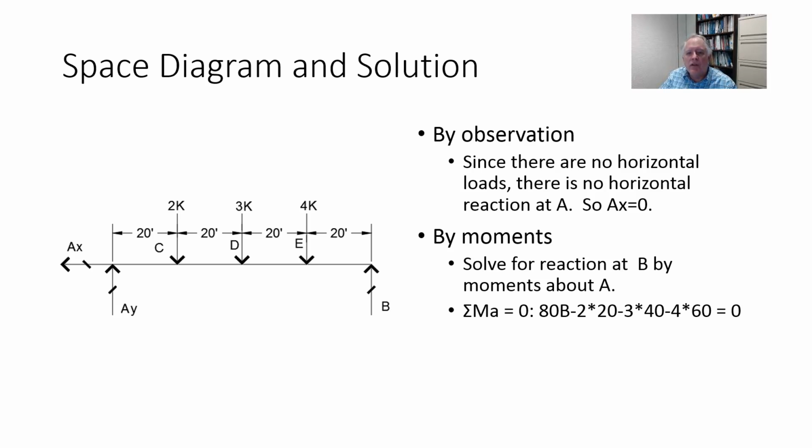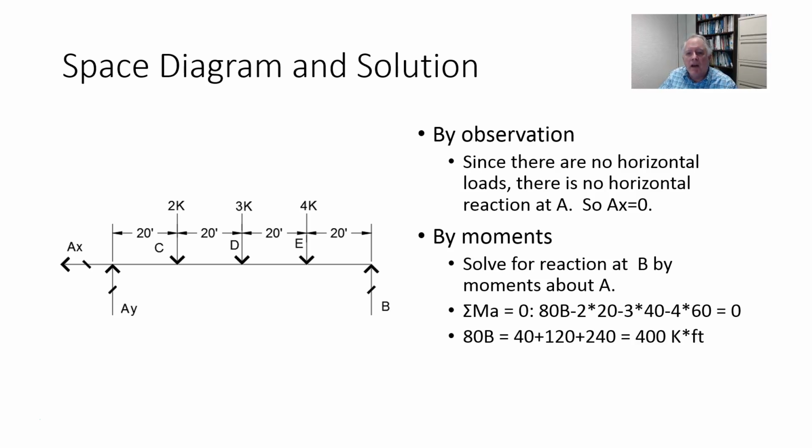That rotational equilibrium equation starts with the distance of 80 between points A and B times the unknown at B, that's counterclockwise, minus 2 times 20, that's 2 kips times 20 feet, minus 3 kips times 40 feet, minus 4 kips times 60 feet.